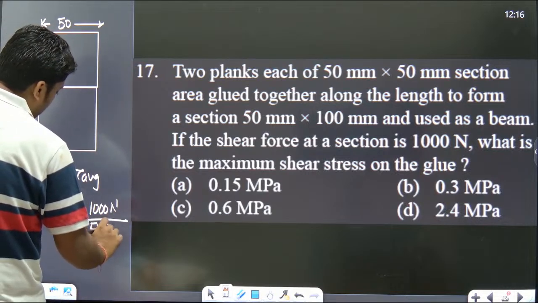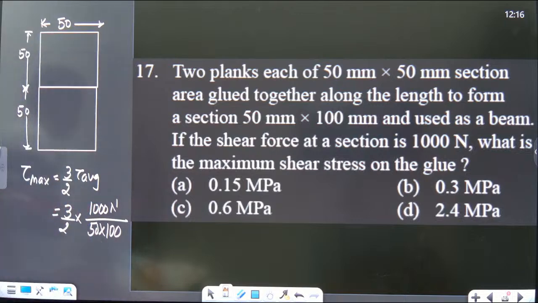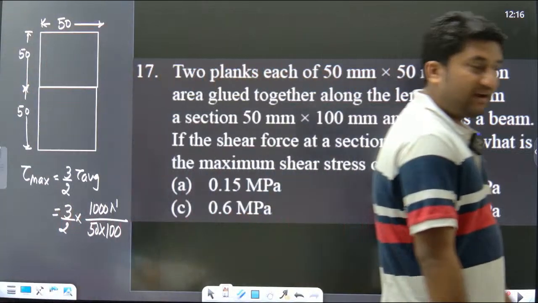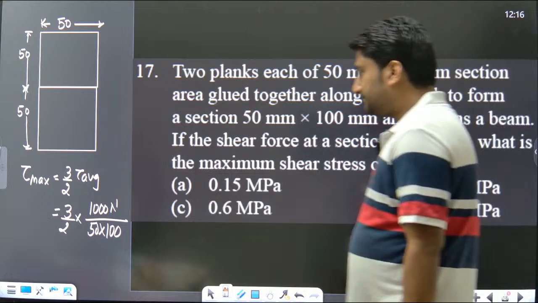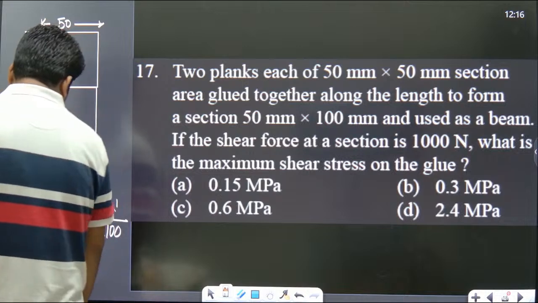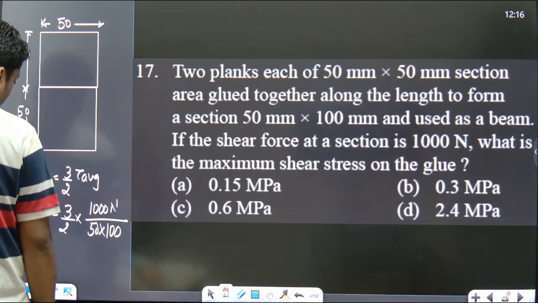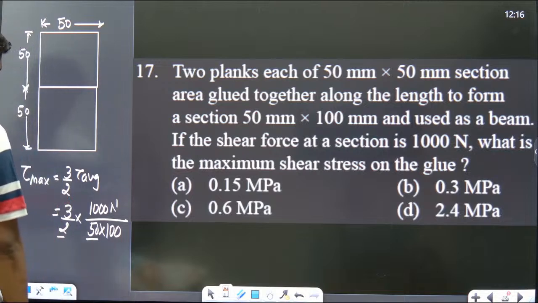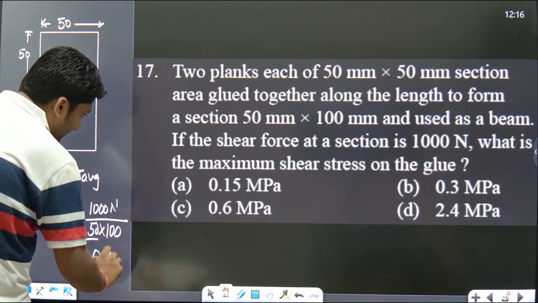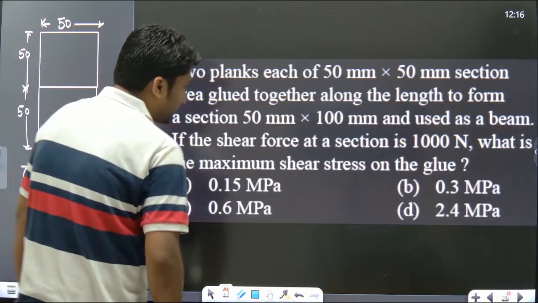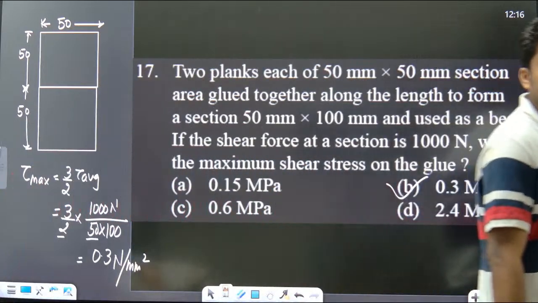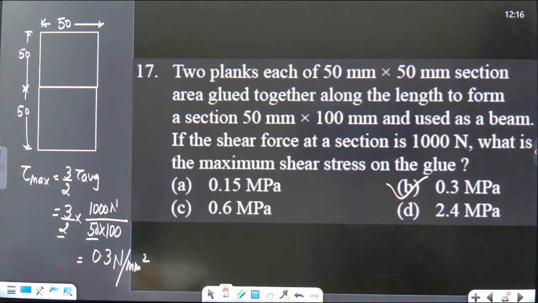So the answer is 3 by 2 times 1000 divided by 50 into 100. 2 times 50 is 100, 100 into 100, and you will get the answer as 0.3 Newton per mm square, that is, megapascal. Option B is the correct answer. Yes or no?